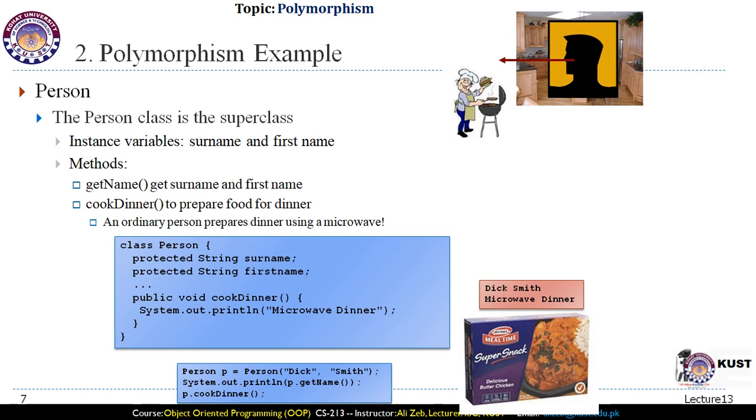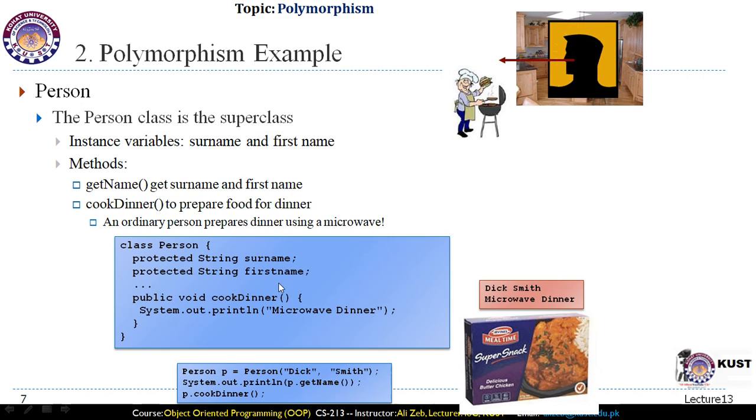And then if we call the getName method and we call the cookDinner method using that object, we'll get this output. So we'll get the name of the person and the type of dinner that this person has prepared for us.